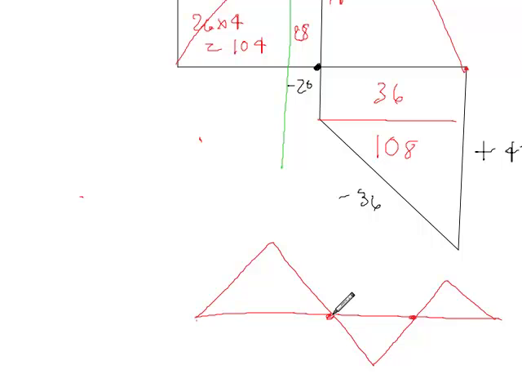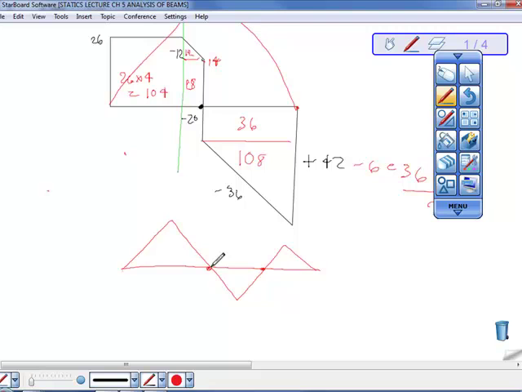That's the point where it changes from compression to tension, and the engineer needs to understand that, because it's also a point where there's going to be a lot of stress.